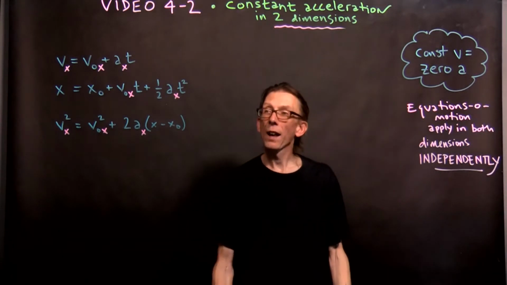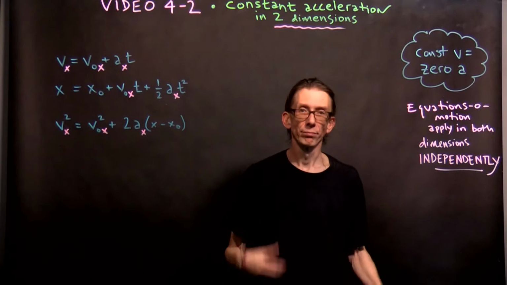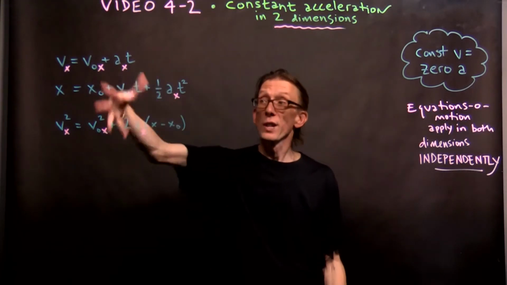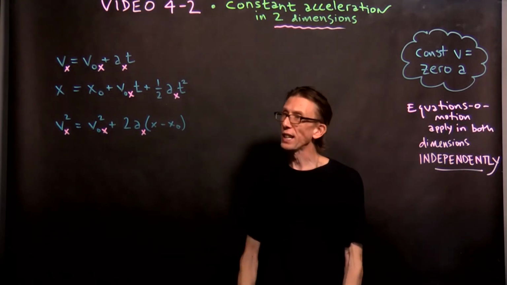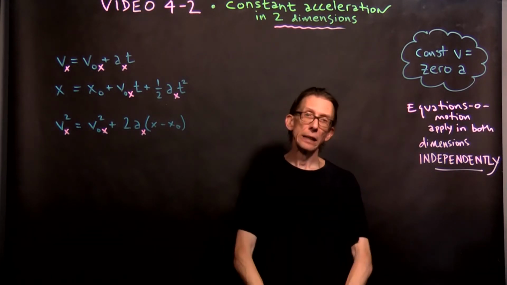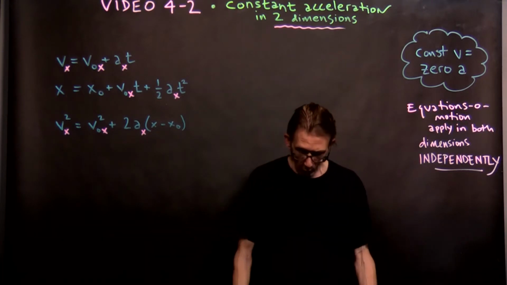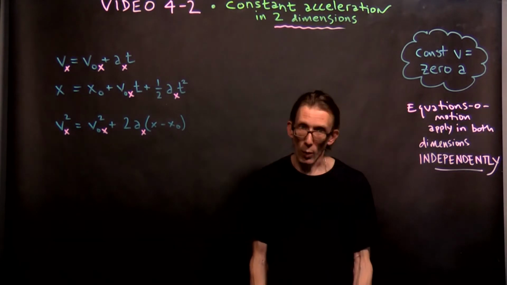Everywhere I saw an a or a v, I added an x, to indicate that this refers to the x direction. Why did I do that?